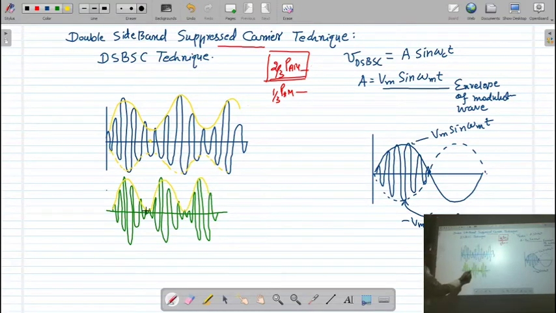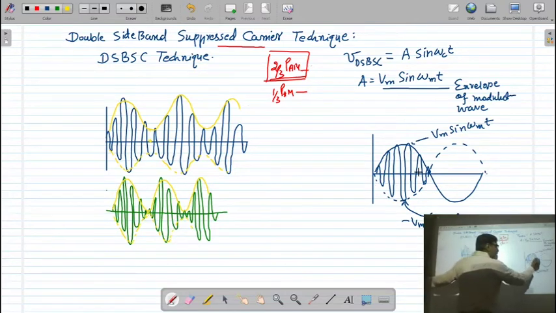Remember, here with the 100% modulation index, the amplitude of a modulated wave is going to be zero, but it is not crossing the zero. Same way, this negative envelope is also not crossing the zero, it is going to touch the zero.